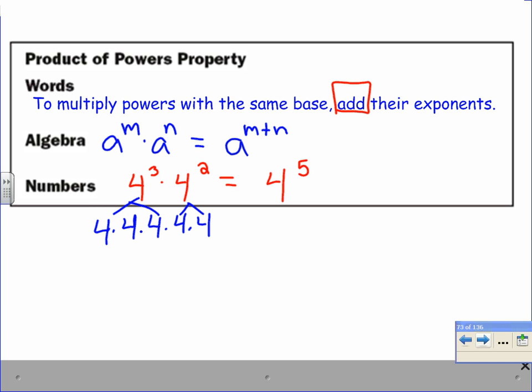Don't multiply them together, okay? Annalise. Because if you have 4 to the third times 4 to the second, and you changed it to 4 to the third times 16, you can't then say that that's equal to 4 to the, what were you telling me? It's equal to what?